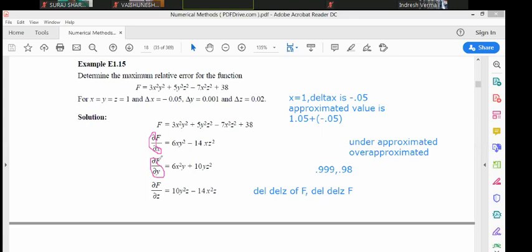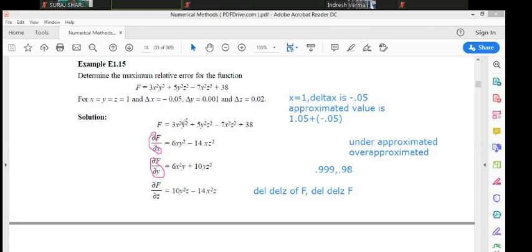This is not any ratio or something. So we are just operating del x over f. This is the feeling. This is not del f upon del x. This is completely wrong, 101% wrong. Is it okay? Is it clear today?